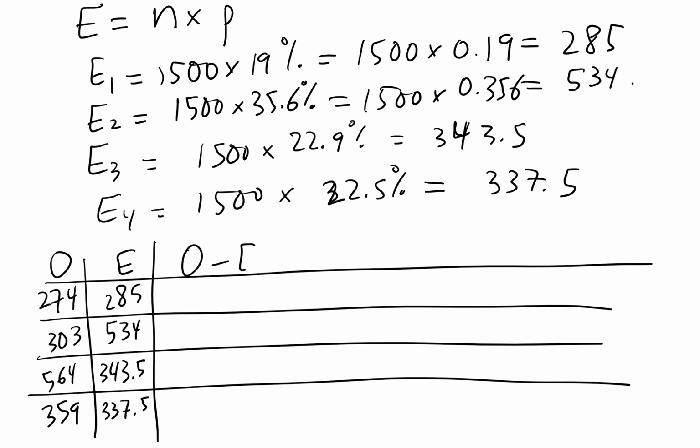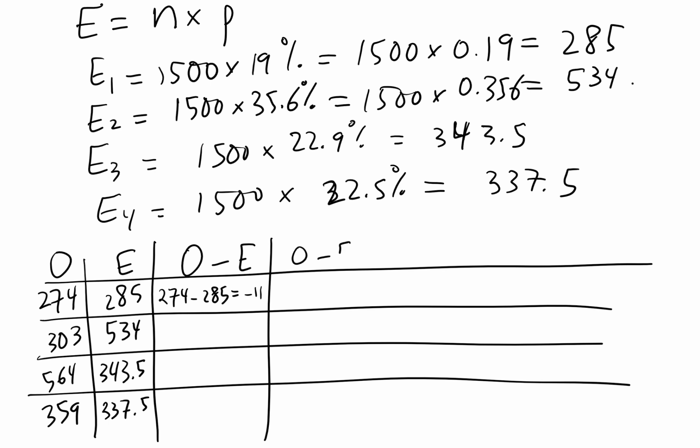Then we do O minus E: 274 minus 285. We can subtract them, and that gives us negative 11.